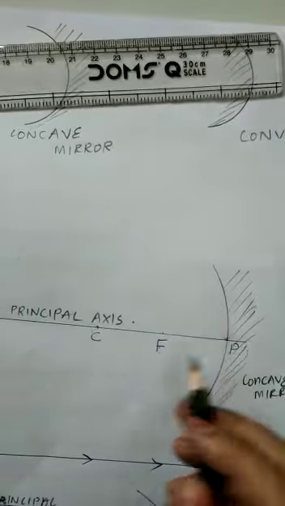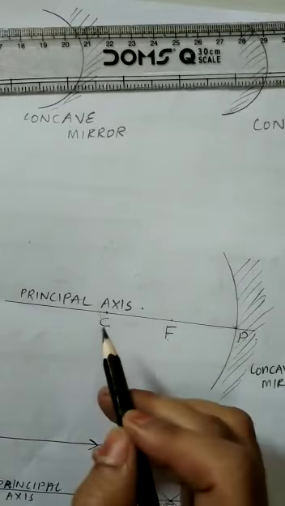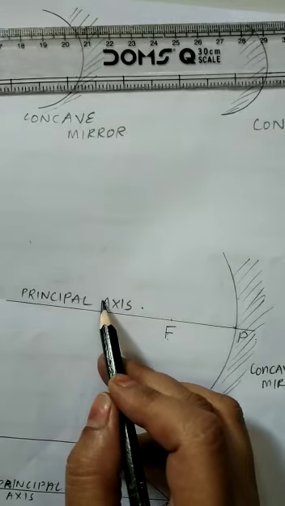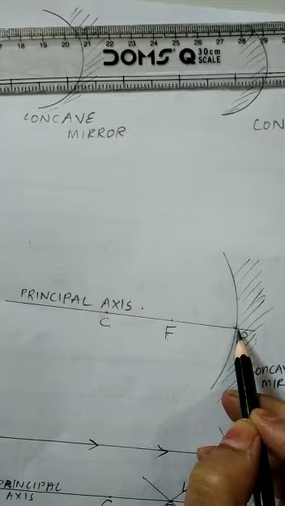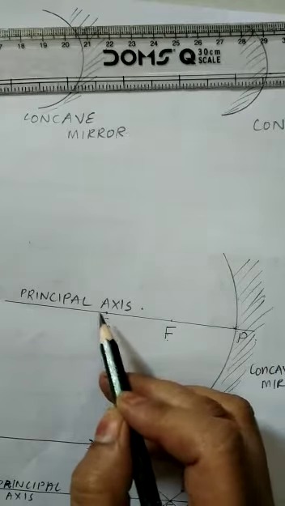The line passing through the pole P and the center of curvature C is called the principal axis.